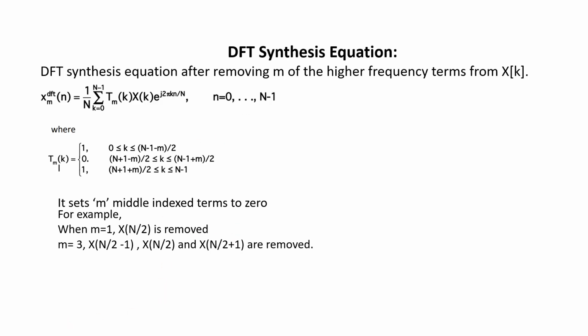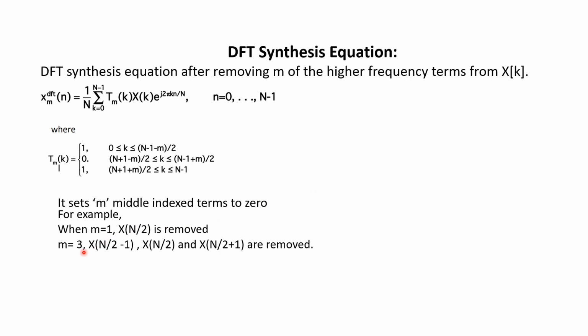For calculating x of n from the DFT, we will use the DFT synthesis equation. This is the equation after removing m of the higher frequency terms from X of k. Here m represents the number of terms we are removing. Suppose m equals 1, then X of N by 2 is removed.